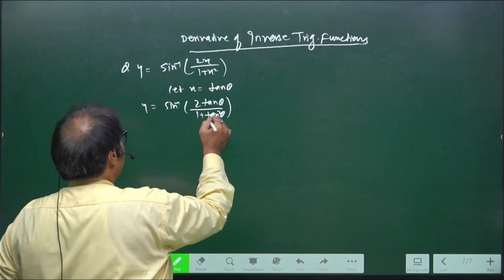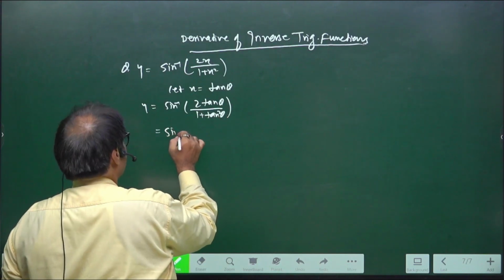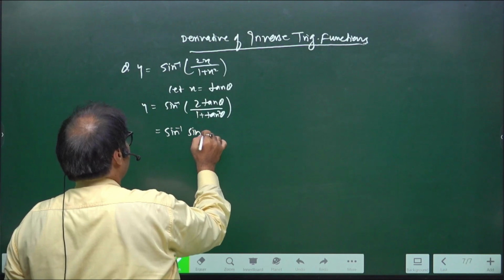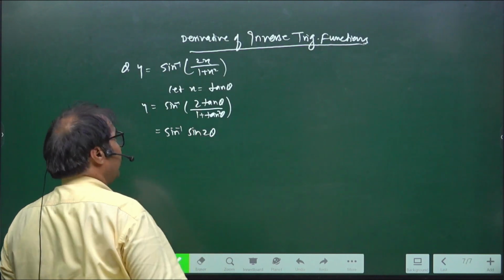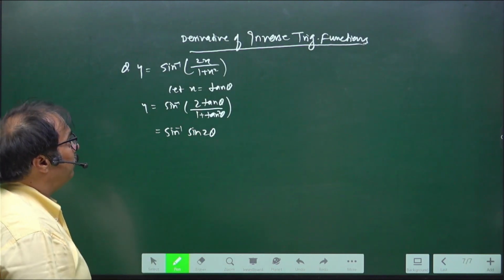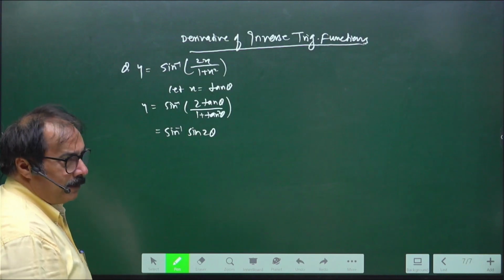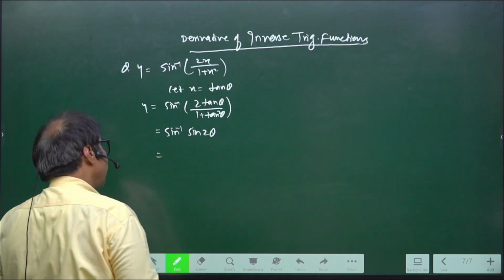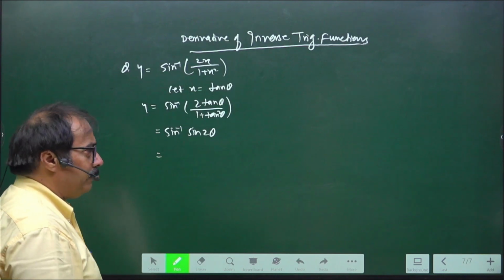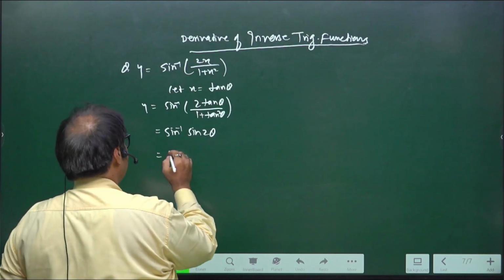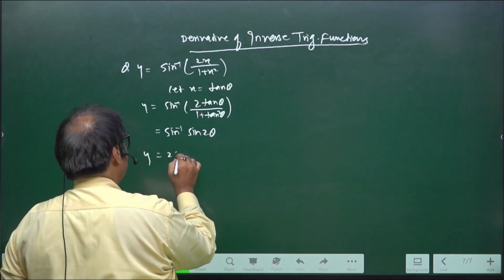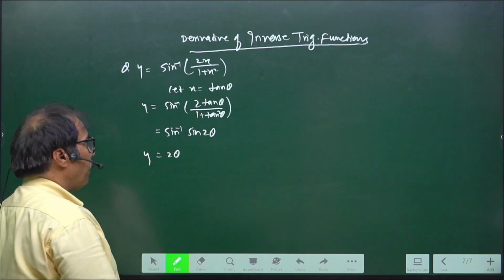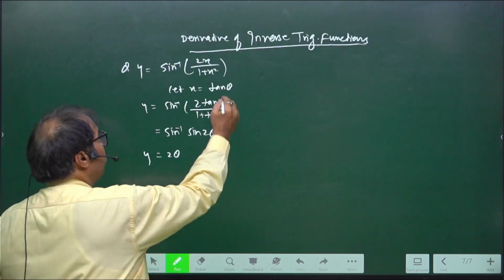And this is the identity of sine 2 theta. Am I right? 2 tan theta upon 1 plus tan square theta is equal to sine 2 theta. And we have already read that sine inverse sine theta is equal to theta. So y is simply equal to 2 theta, right? Now get the value of theta from here.